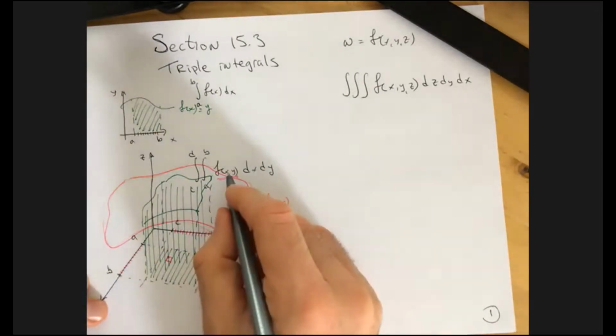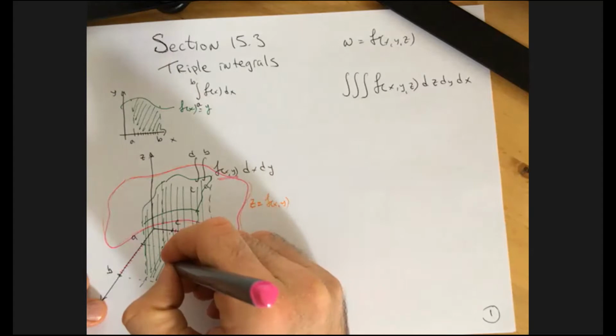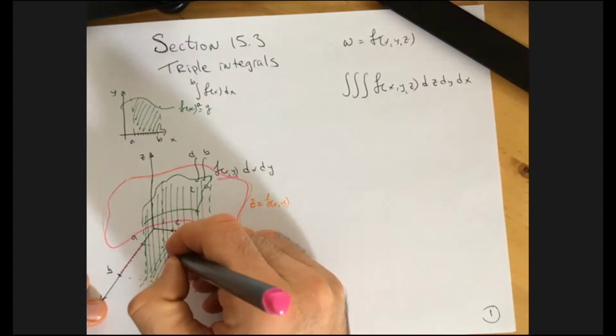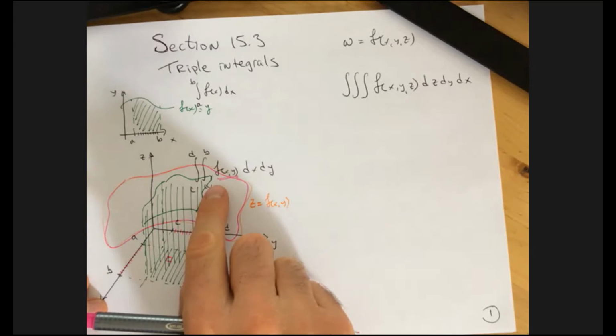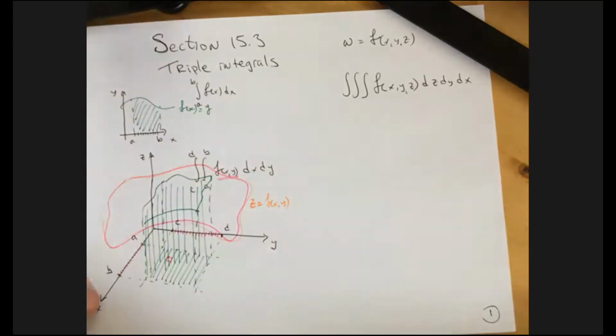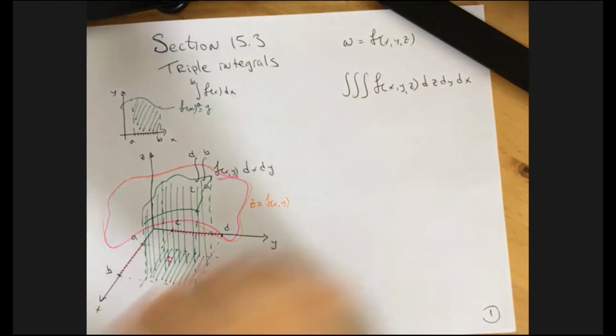This is the height of each box here. I have a double Riemann sum. I send n and m to infinity, which leads me to the definition of the double integral.